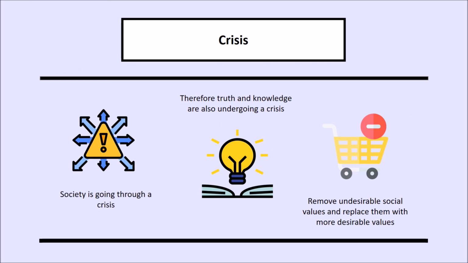Lastly, what it's really looking at is that society is going through a crisis. Therefore, truth and knowledge are undergoing a crisis, and people question what is truth, what isn't truth, what is knowledge, what isn't knowledge, who are the experts, who aren't the experts. And the idea is you want to remove undesirable social values and replace them with more desirable values.